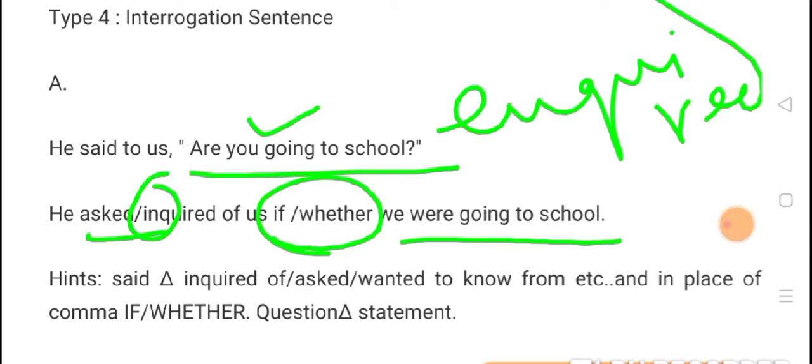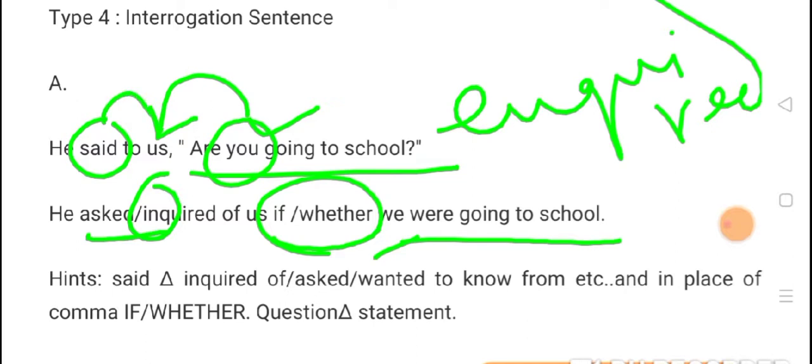So you will be changed into we. Why? Because you is second person, and second person will be changed into object of the reporting verb. Reporting verb is said, object is us, that's why you will be changed into we, and are will be changed to were, then going to school.